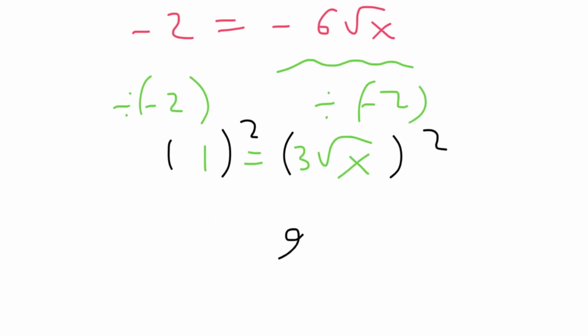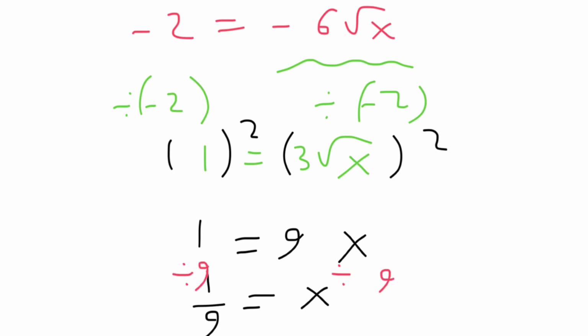So this becomes 9x equal to 1, and that means x equals 1 over 9, because you divide by 9 here, and you divide by 9 here. So that's why you get x equal to 1 over 9. Any question about that? So this is x equal to 1 over 9.